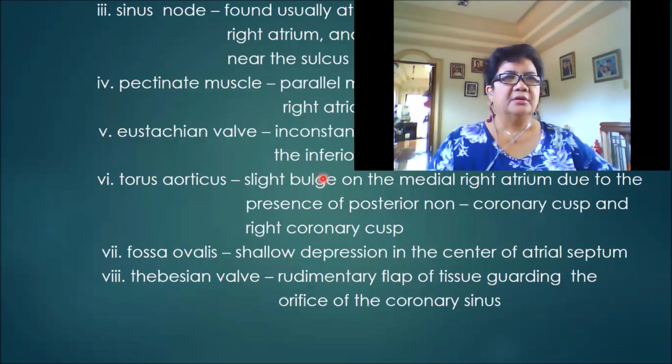Then another structure is your sinus node. This is found usually at the junction of the superior vena cava, right atrium, and the right atrial appendage beneath or near the sulcus terminalis. Now, your sinus node is where you will find the SA node.